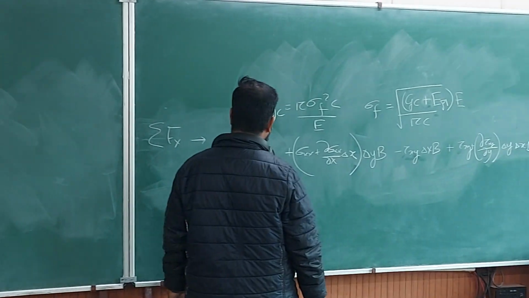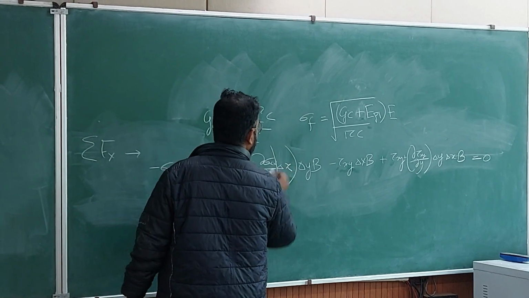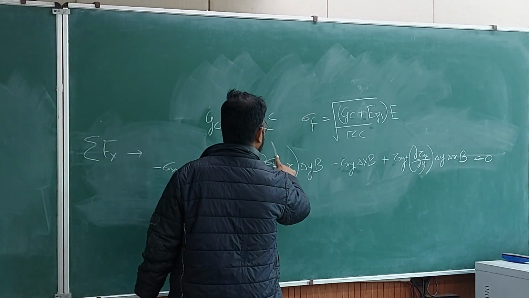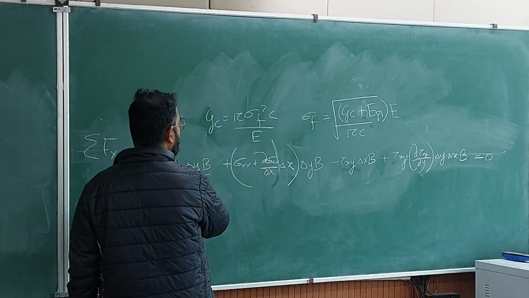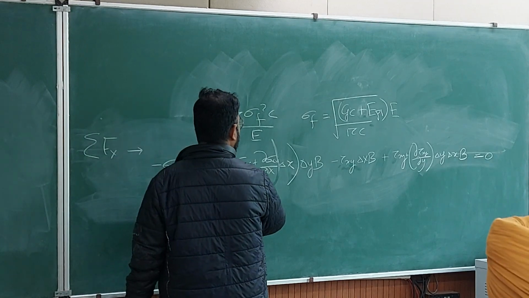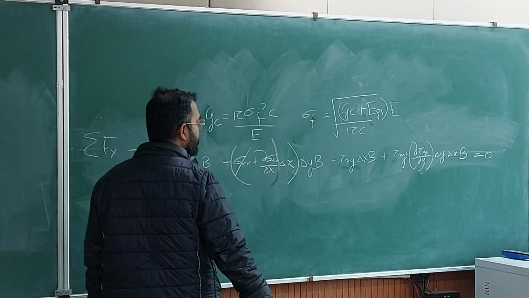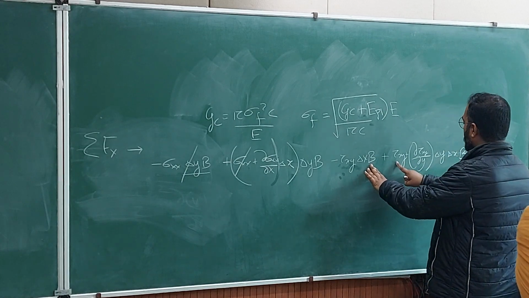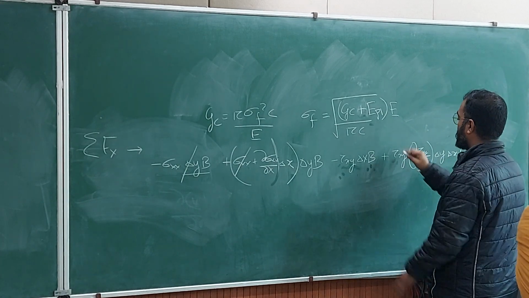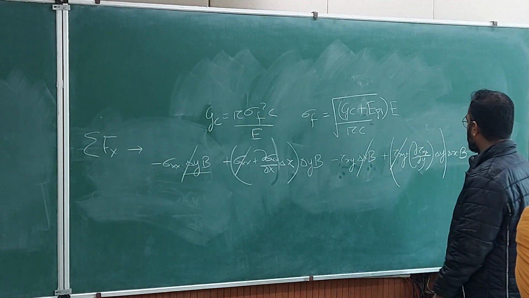So delta y b is there. Are we missing something here? Sigma xx, this bracket, no, this is as it is, right? So negative of sigma xx into delta y b, and here you have positive of sigma xx into delta y b. So this will cancel out. Then minus tau xy delta x b, and then you have positive tau xy into delta x b, so this will also cancel out.